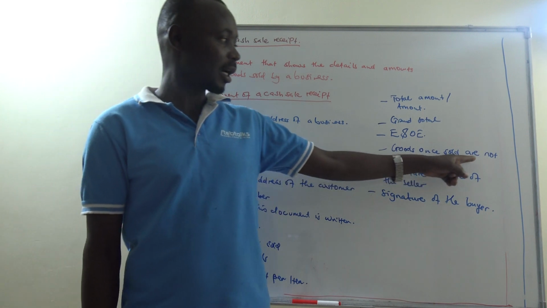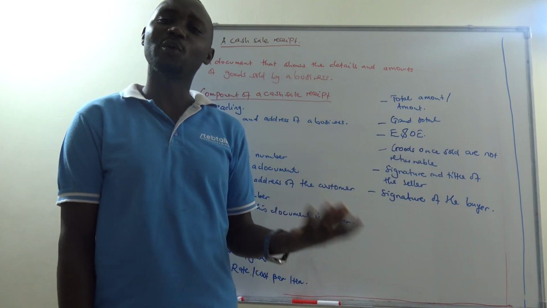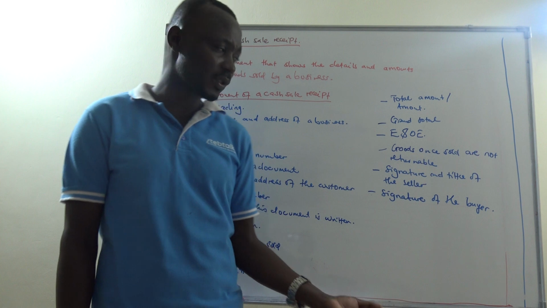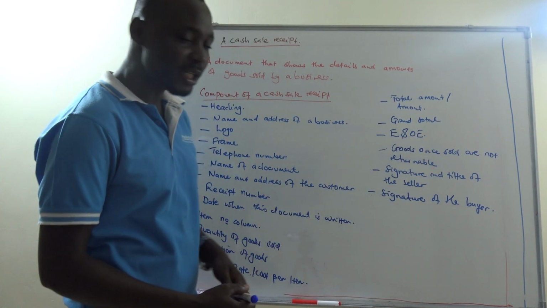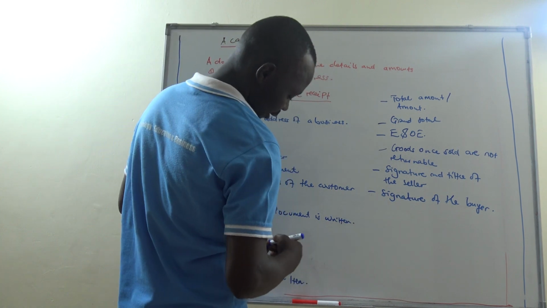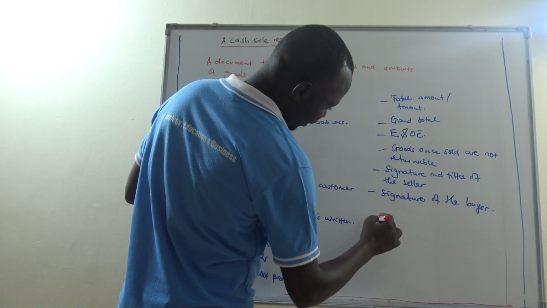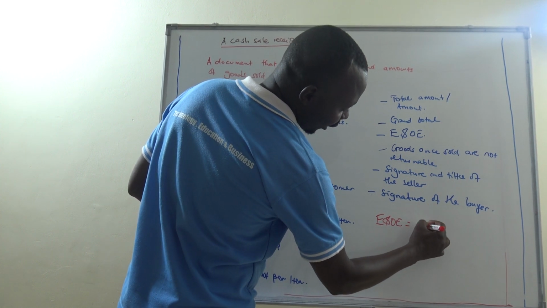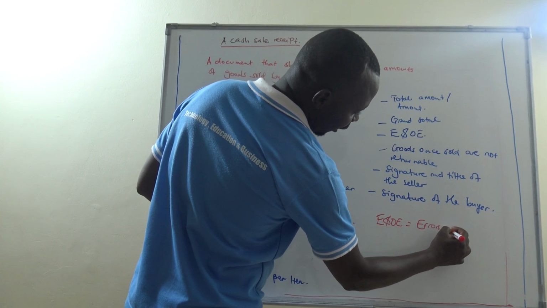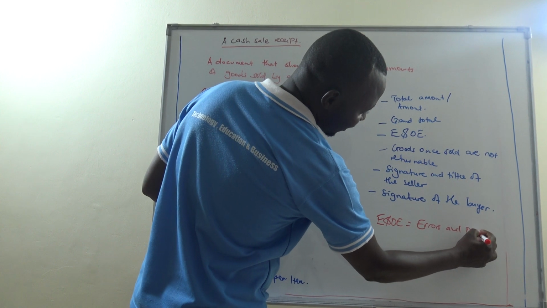You may sell goods, and the goods are going away. Remember, goods once sold are not returnable. But you find when there have been some mistakes on the goods. So E and OE stands for errors and omissions expected.